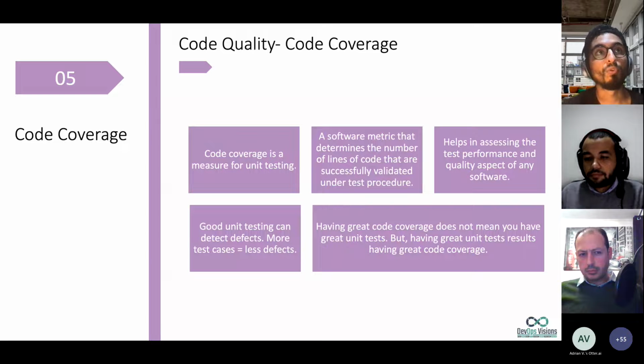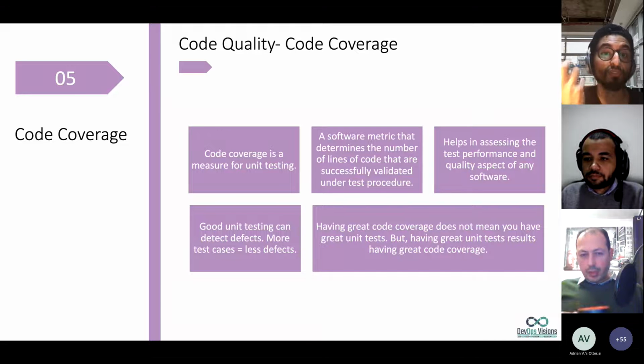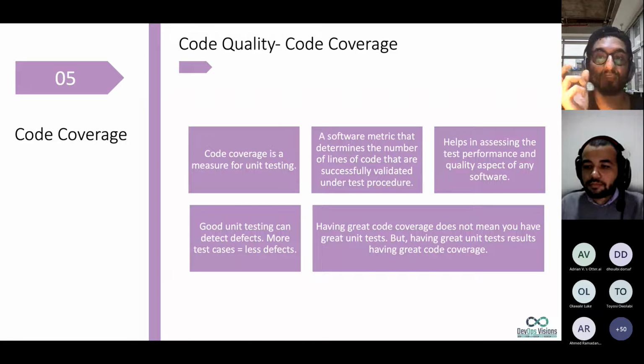Okay, so now I have my code, I have my unit testing, but we also have here a very important KPI, which is the code coverage. The code coverage here is the measure of your unit testing. You can measure your unit testing using this code coverage. It's a metric that determines the number of lines of code that are successfully validated.